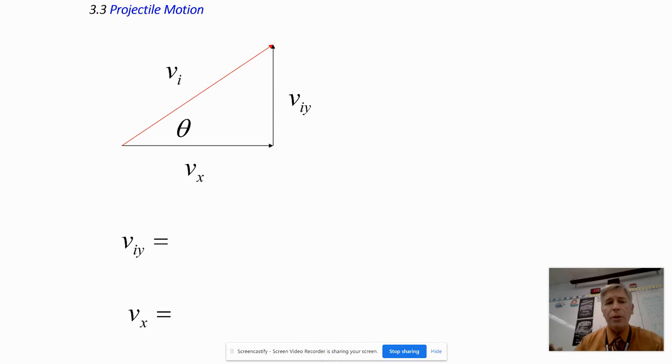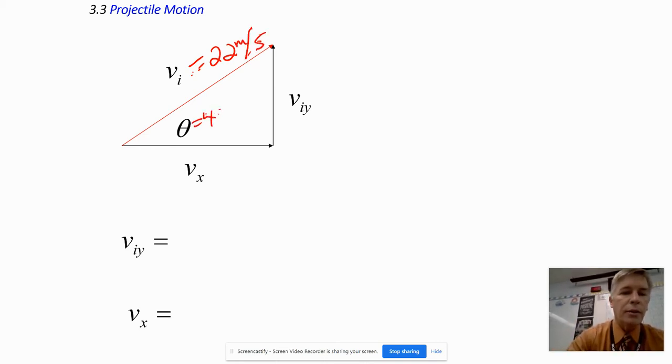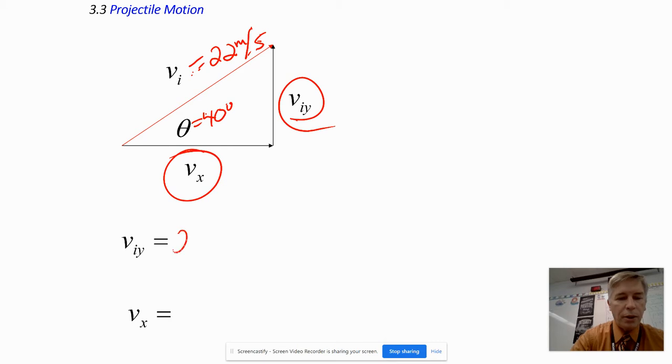So the first thing we've got to do, same thing we've been doing, is change this 22 meters per second at an angle, this 40-degree angle, into a VIY and a VX. So that's just going to be our 22 times the sine of 40 degrees and the 22 times the cosine of 40 degrees.